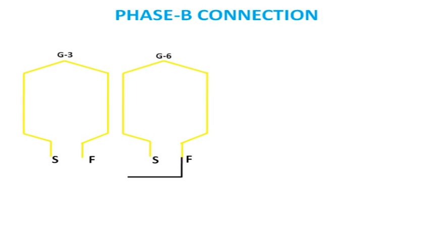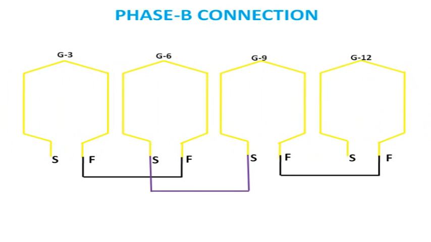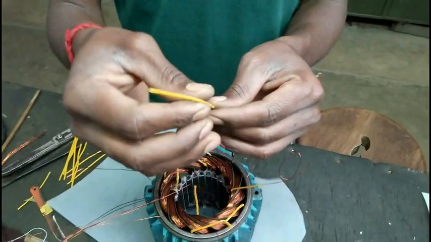We will connect finish to finish of group 3 and group 6, then starting to starting of group 6 and group 9, then finish to finish of group 12 and group 9, and finally the starting of group 3 and group 12 will become the B1 and B2 terminals.